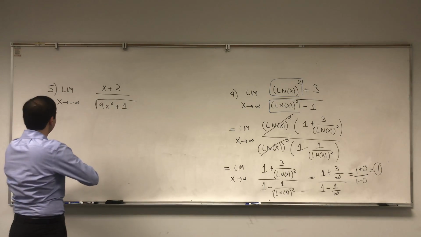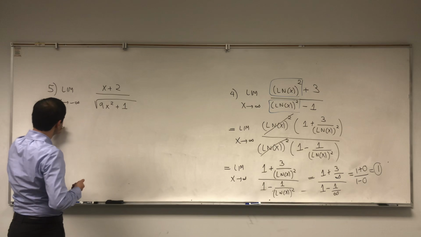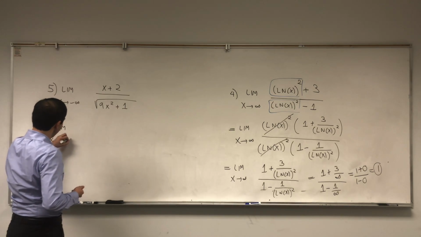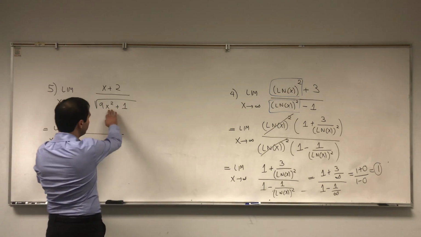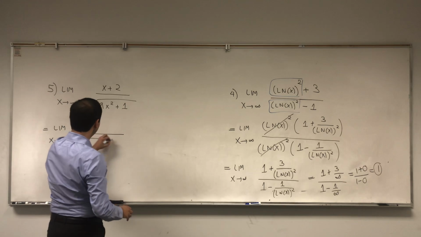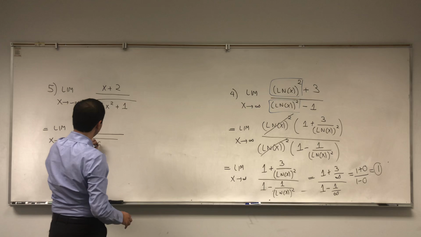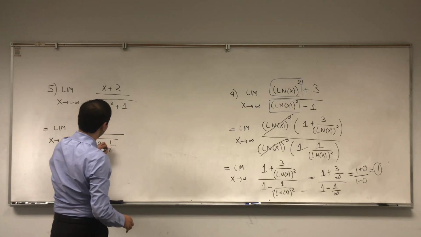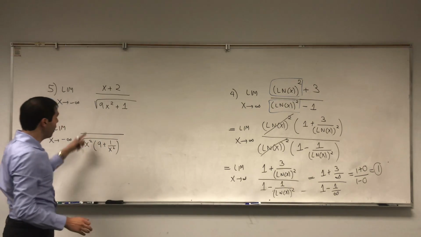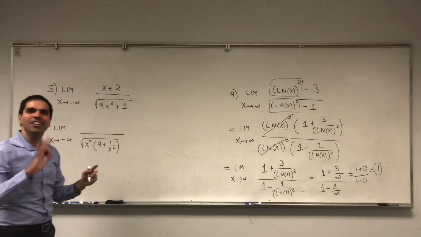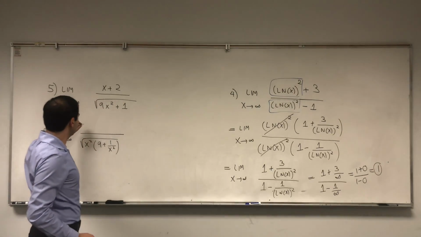So what we would like to do is as follows. From this square root of 9x squared plus 1, what you want to do is factor out x squared. So this becomes x squared times (9 plus 1 over x squared). And well, we still have a ratio, so don't forget about your other techniques.